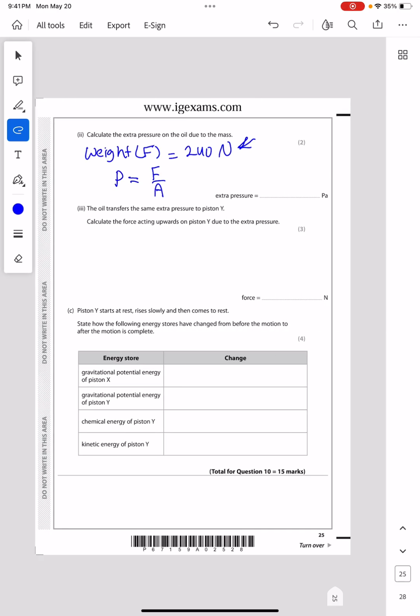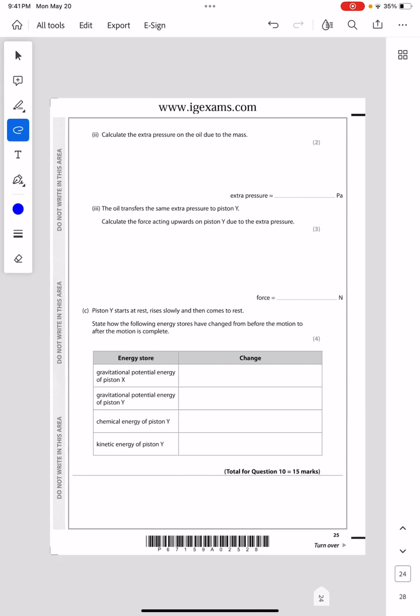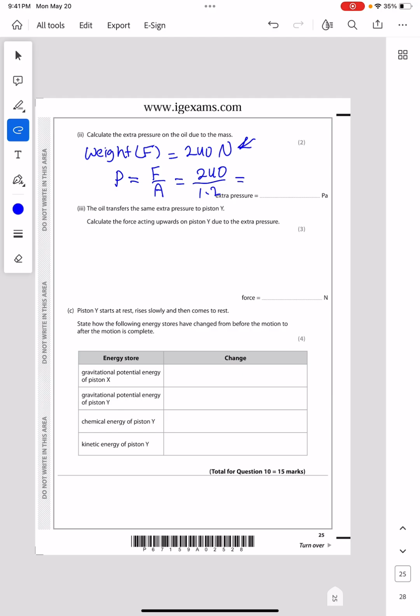So we're going to make use of this. It is 240 over 1.2, and it's in meters squared, so we're good. And you just use your calculator.